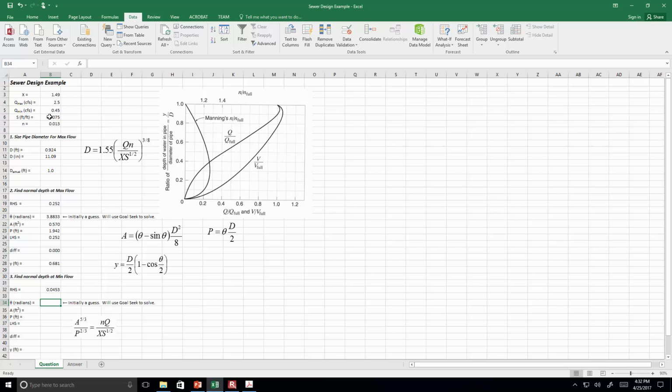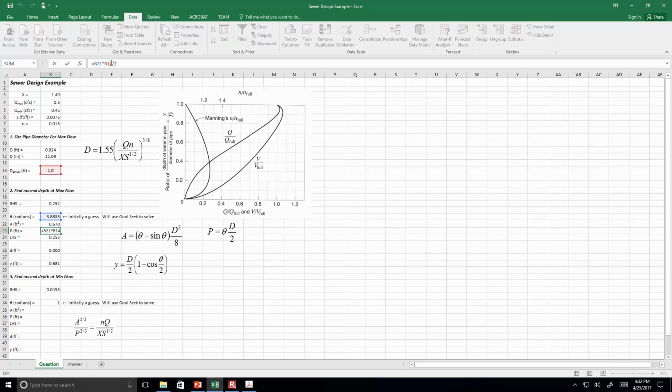We'll put in some guess value for the angle, maybe 1 radian, and then, let's see, can I copy and paste that formula? Let me anchor the reference to D14.